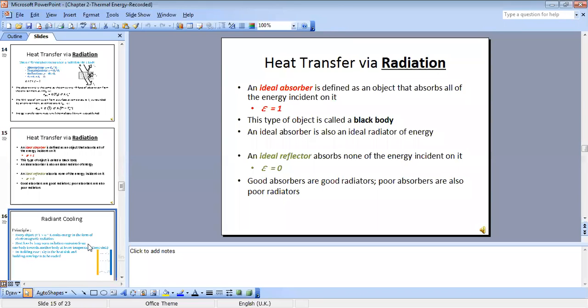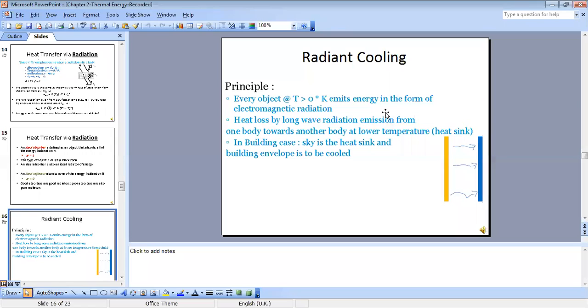Now, radiation mode is very important. And one of the main applications of radiation is radiant cooling. Because every object at a temperature higher than 0 will emit energy in the form of electromagnetic radiation, we can benefit from this to cool our houses.